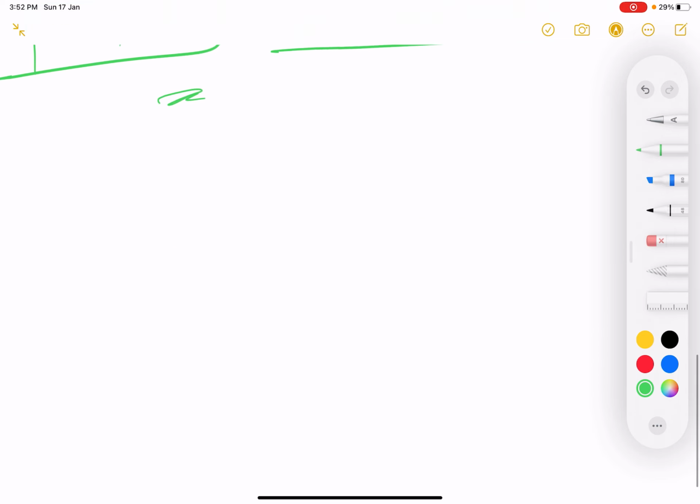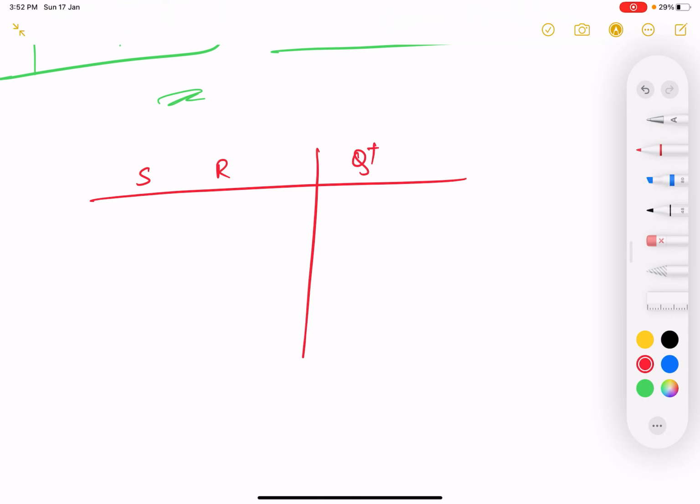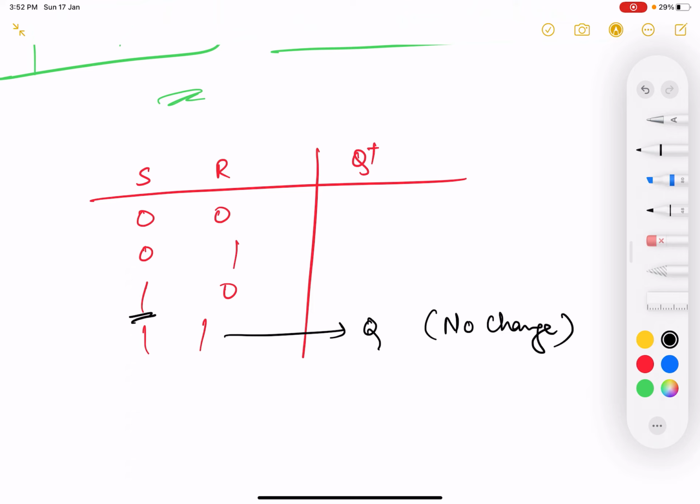Now I'll just sum up everything. S, R, next output state Q plus. SR could take values 00, 01, 10, 11. So when S equal to 1, R equal to 1, the output state remains same as the previous output state, no change. When S equal to 1, R equal to 0, the output state became 0.